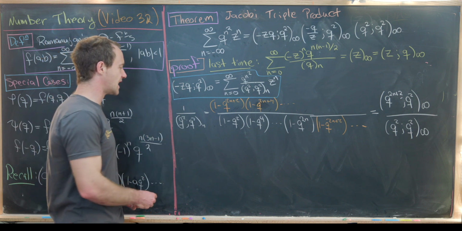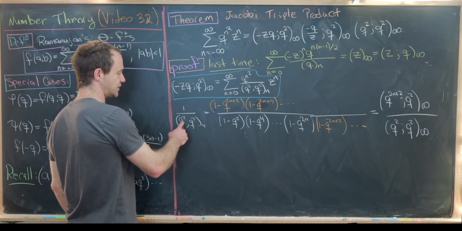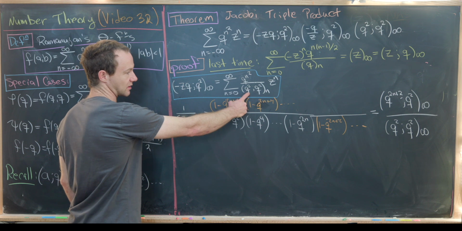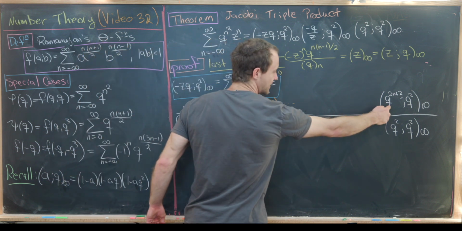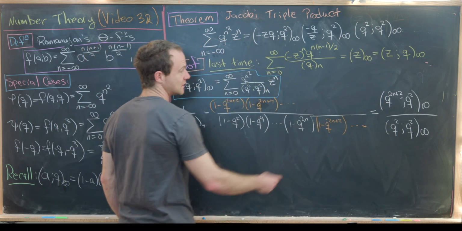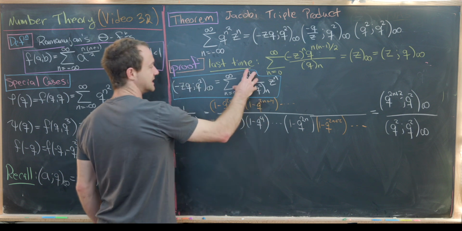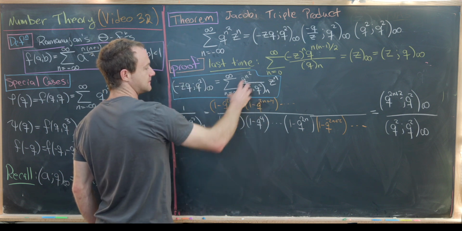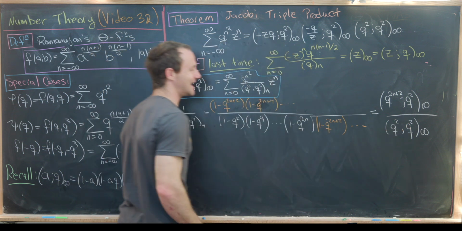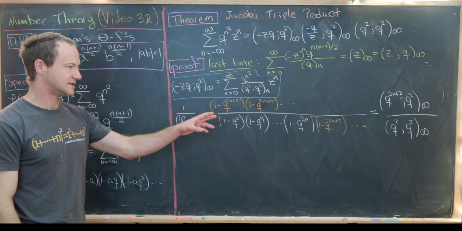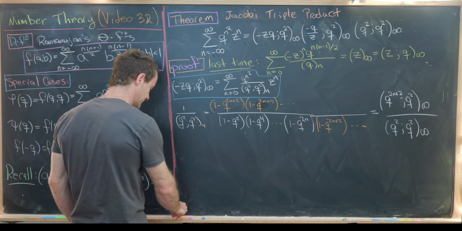Well, in our blue box, we have this 1 over q squared n term. If we replace that with this over this, we see that the numerator depends on n, so it has to stay in the sum. But the denominator does not depend on n, so it can be pulled out of the sum.